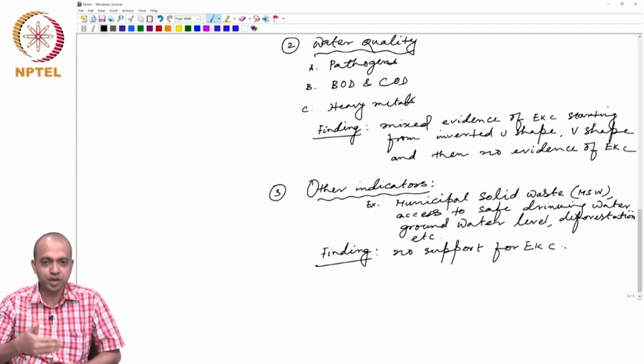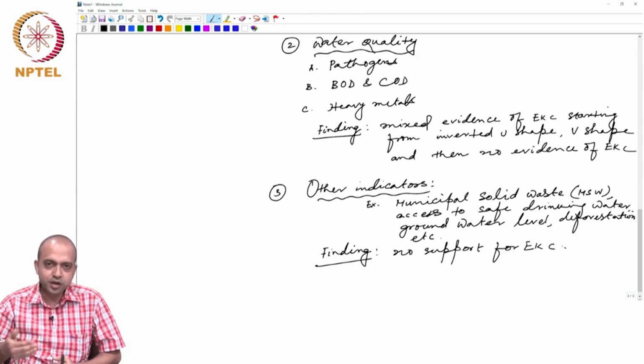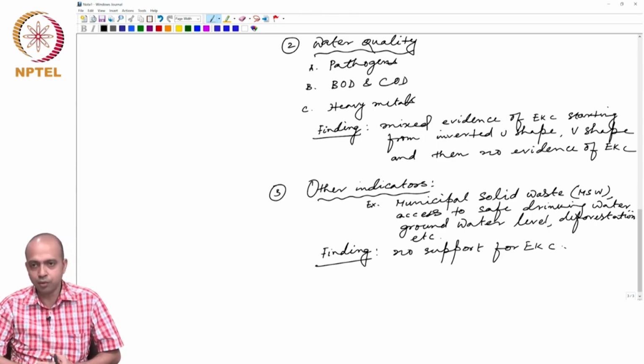It varies from indicator to indicator. So, while formulating developmental policies, policymakers must be very careful about what type of pollutants or what type of indicators they are thinking to measure the environmental quality.